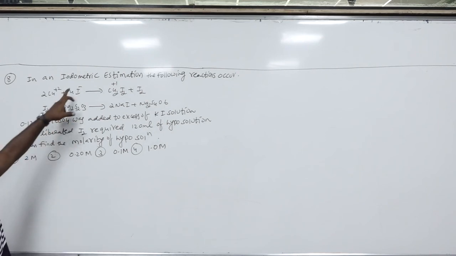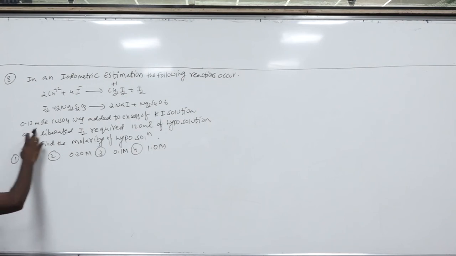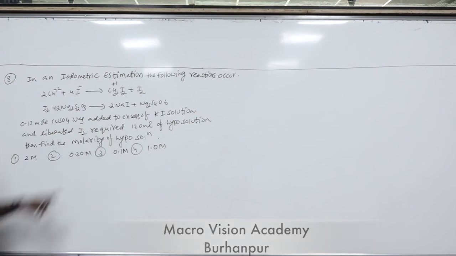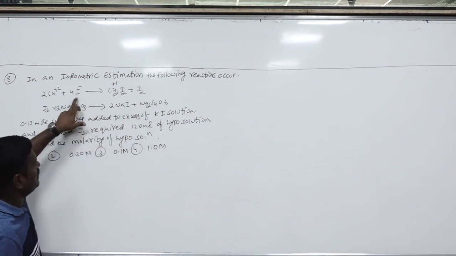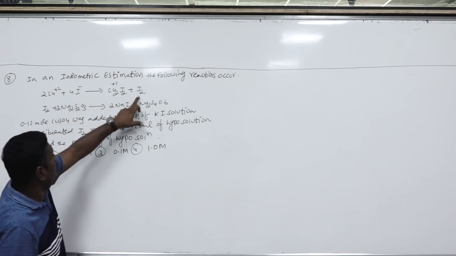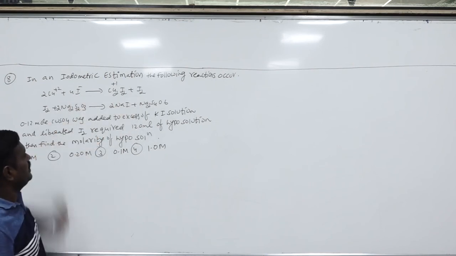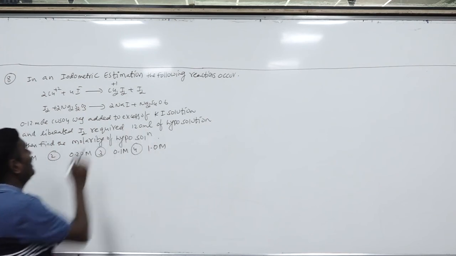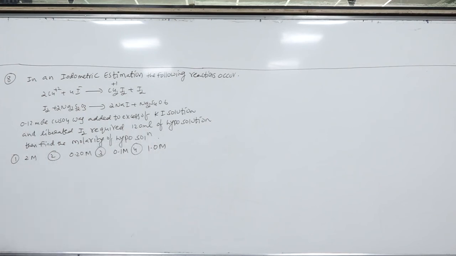We know this in iodometric titration. Now the question is: 0.12 moles of copper sulfate was added to excess KI solution. KI solution is nothing but iodide ion solution. So I2 is liberated, which is titrated with the hypo solution. The hypo solution volume is given to you. Now find the molarity of the hypo solution.